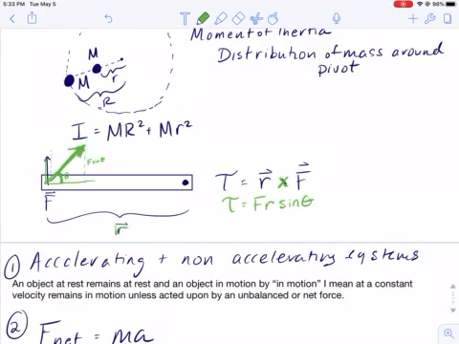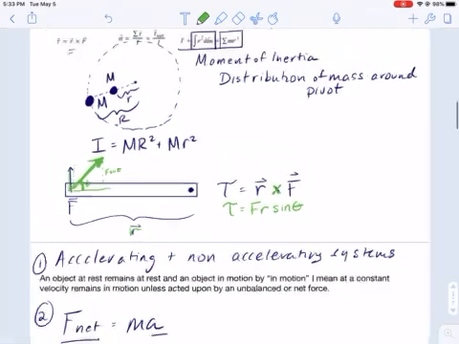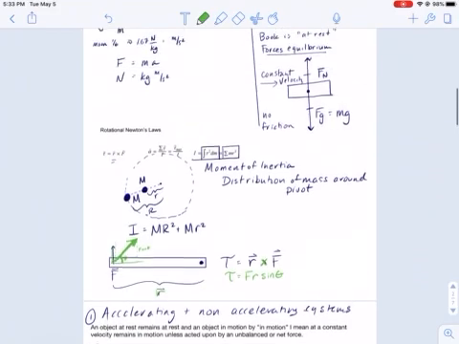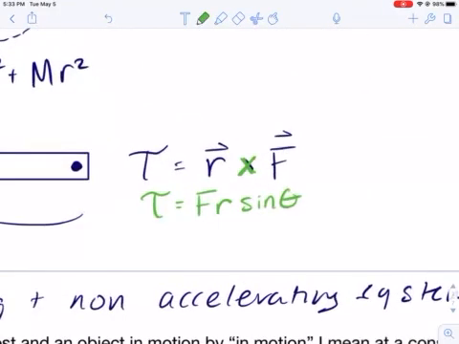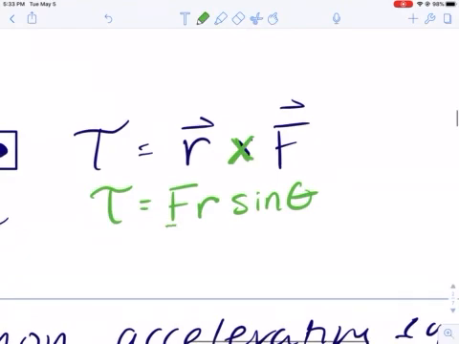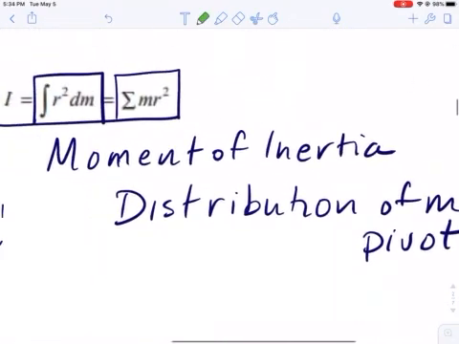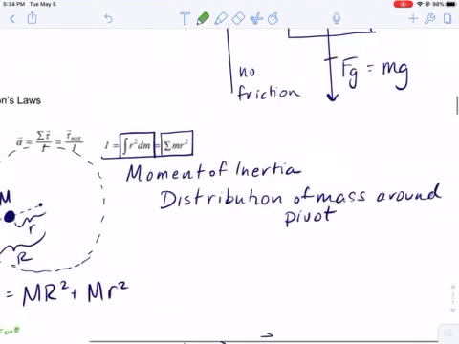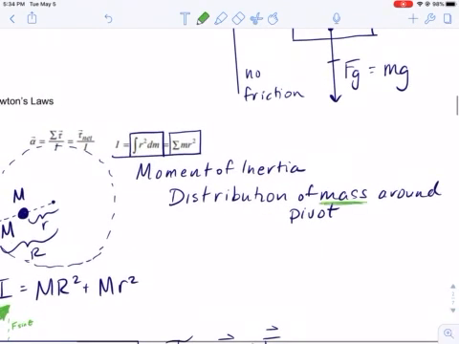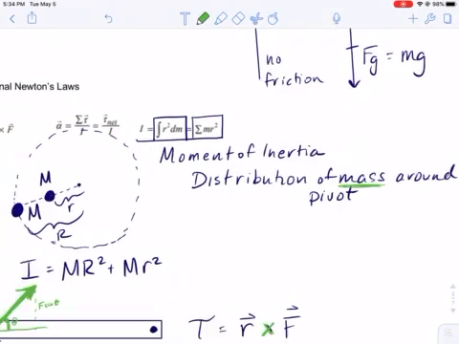And that's what this is here. So before we had, I'm going to just switch colors, F net equals MA. That was the linear version. Now our rotational analog is that net torque is going to create an angular acceleration of a distribution of mass around a pivot.